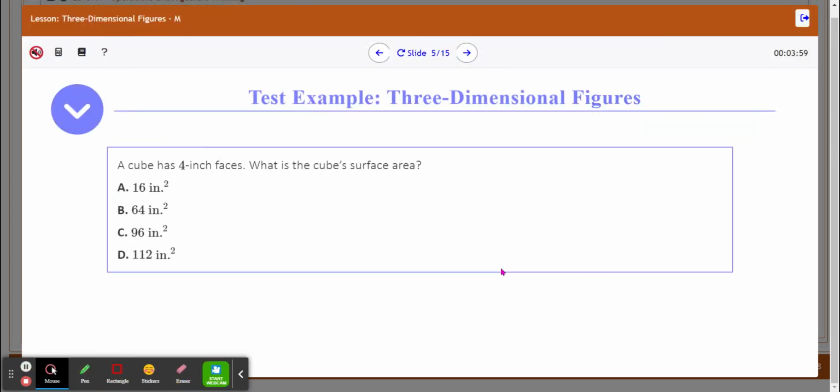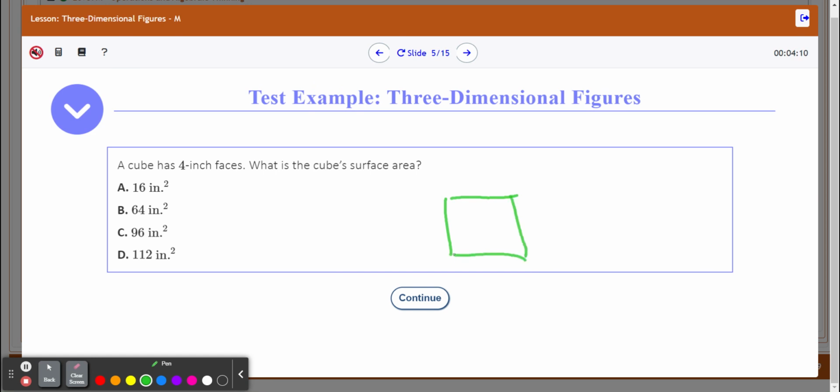This first question says, a cube has 4-inch faces. What's the cube's surface area? Well, remember, a cube has 6 faces that are all equal.